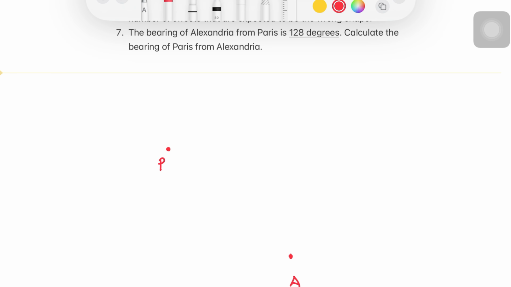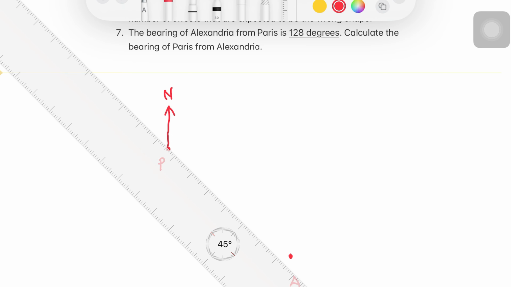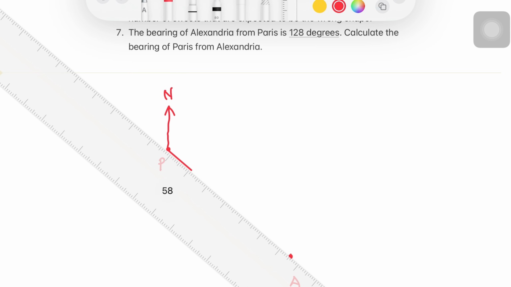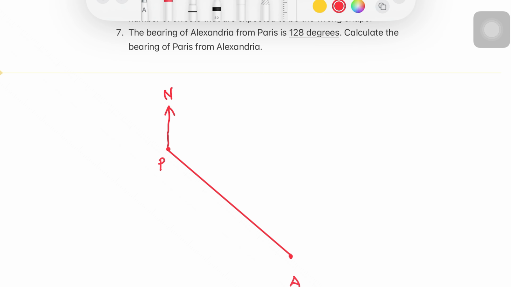The bearing of Alexandria from Paris: from Paris, you have to draw your north, and then connect these two points. So that's the bearing, meaning this one is 128 degrees, the bearing of Alexandria from Paris.